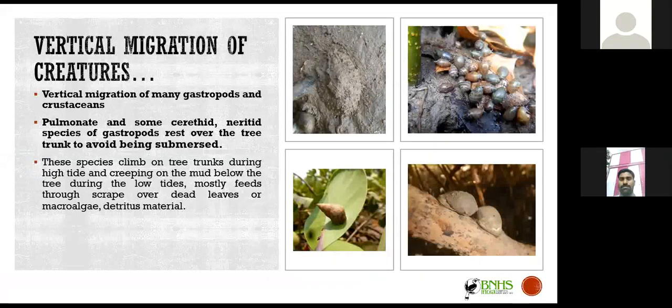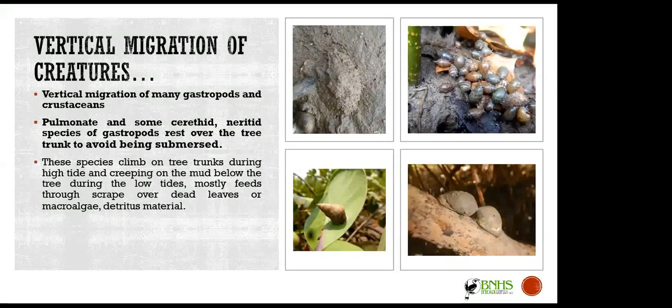Some species are known to do a vertical migration, meaning they climb up the tree trunks during high tides to remain safe, and creep down during low tide to feed. They scrape the food along the dead leaves, or feed upon microalgae or any detritus material. So that's one of the interesting behaviors you can easily observe in the mangrove swamps.